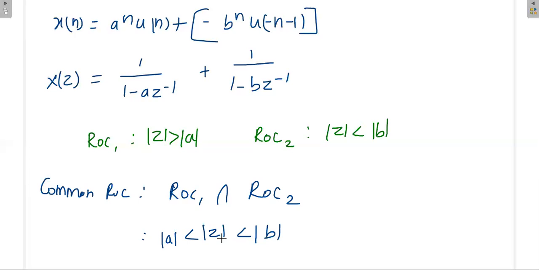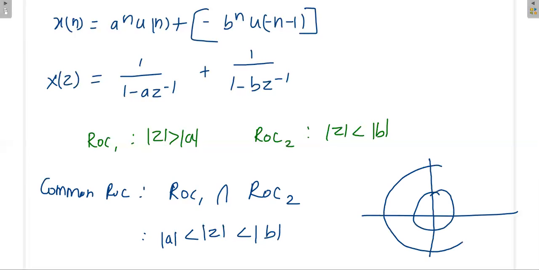Finally, the ROC will be between two circles: a circle with radius a and another circle with radius b. The region in between is the ROC.